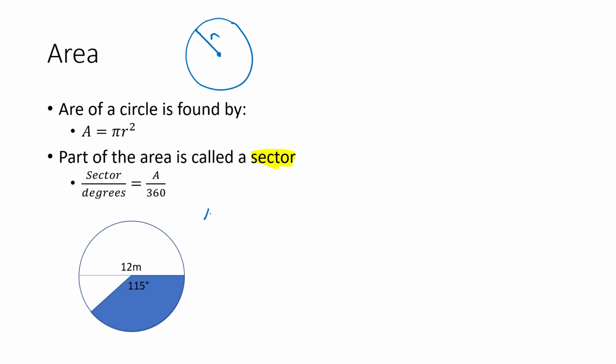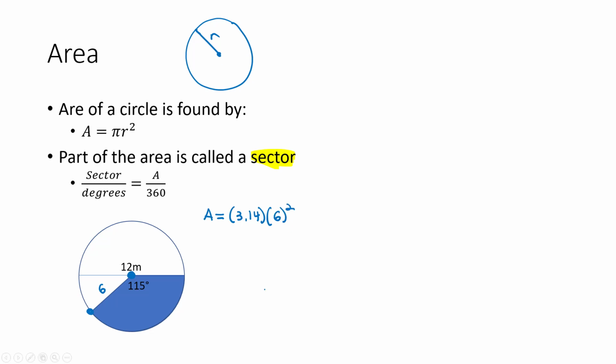So first we need to know the area of the entire circle. So area is pi r squared. Pi is approximately 3.14. R is the radius. The radius just goes from the center to the edge, and the 12 meters goes all the way across. So we need to find half of 12, which is 6 meters.